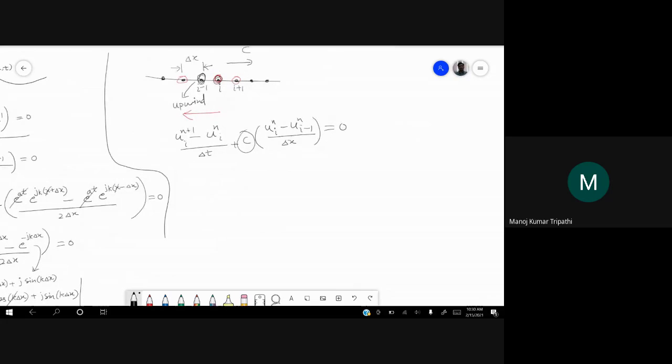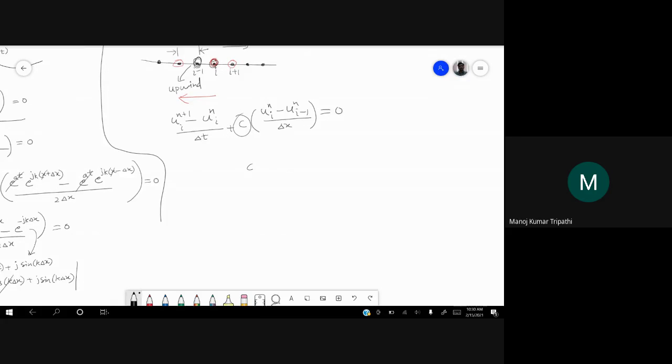Similarly, if it is given that C is negative, you can write this as C times u i plus 1 minus u i by delta x, the discretization of the space derivative.